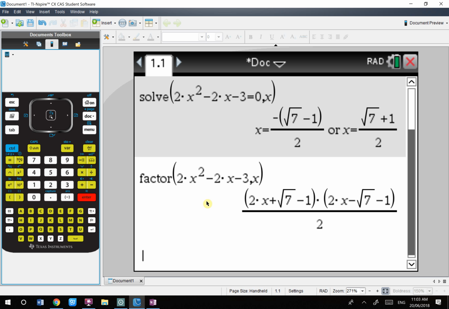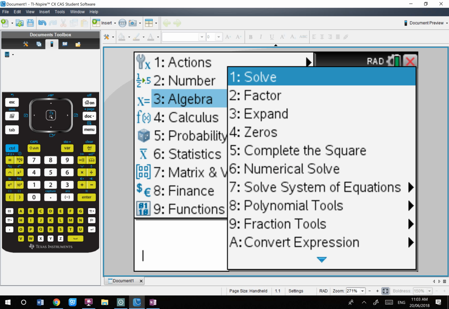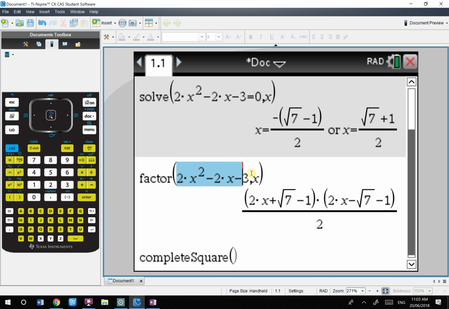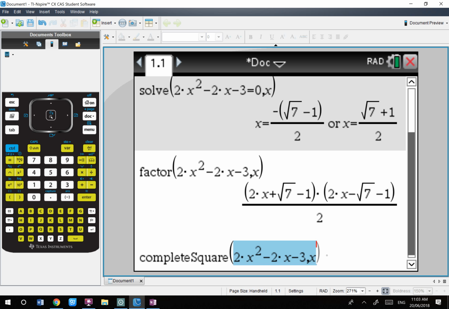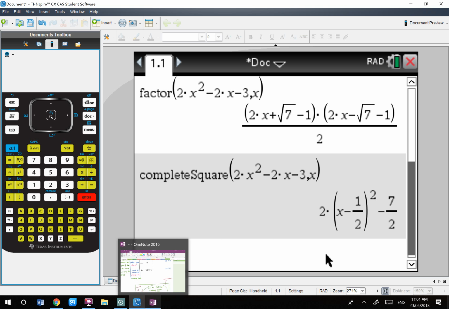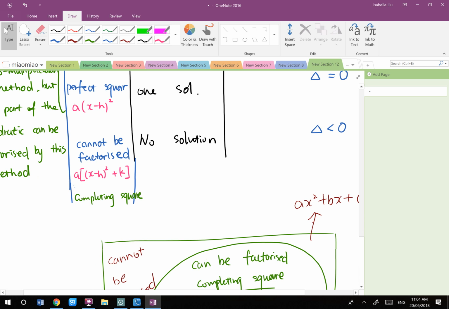Or I can complete the square by the calculator. So Menu 3 and C, complete square. Type exactly the same thing in, and it completes the square for you. Looks nice.